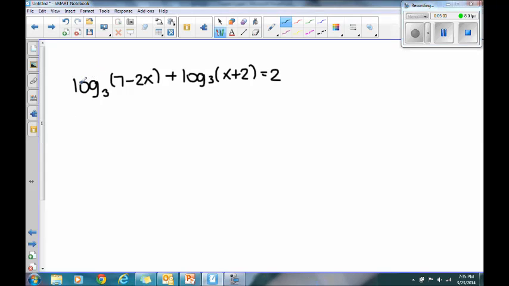For this last example, once again, logs in some of the terms, but not in all of them. Most of your problems when you're combining your logarithm terms together will involve products, but again, if this is a minus sign, then you need to put it together as a quotient instead.